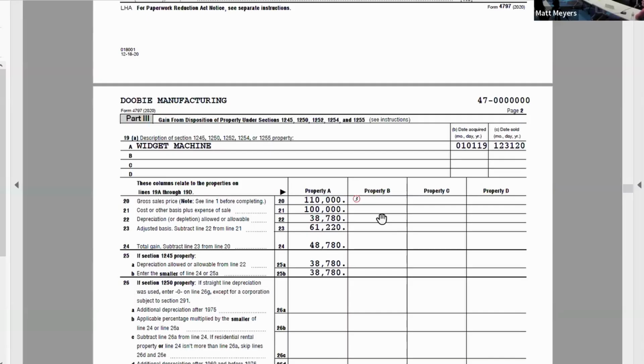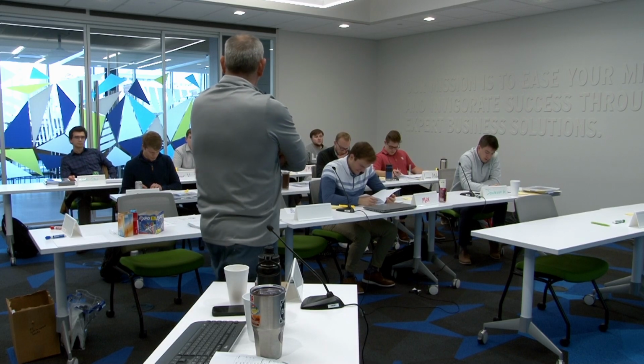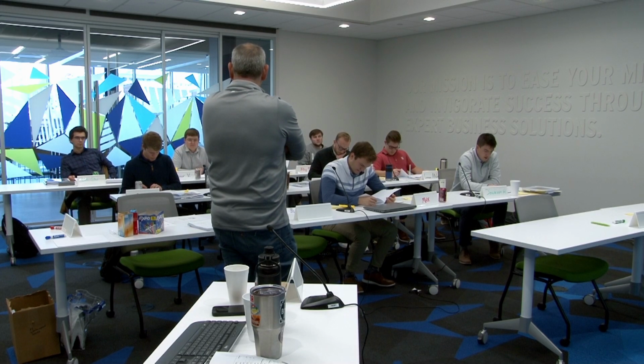Okay, step 1 is we calculate our gain, correct? 110 versus net book value of 61,220, but we have original acquisition cost of 100,000, depreciation of 38,780. We have an overall gain in step 1 of 48,780. Right, CV? Okay, so now we've accomplished step 1.